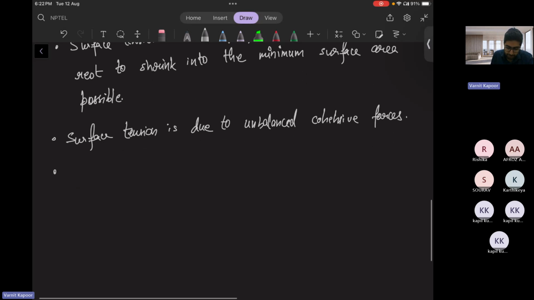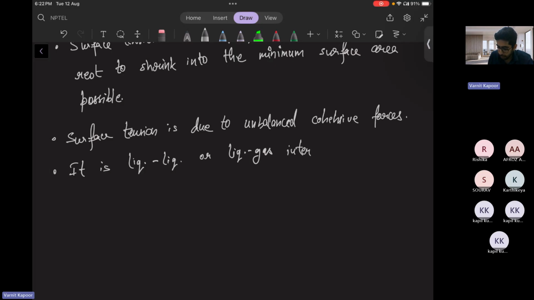It is a liquid-liquid or liquid-gas interfacial phenomenon. The surface tension is always observed at the liquid interface.